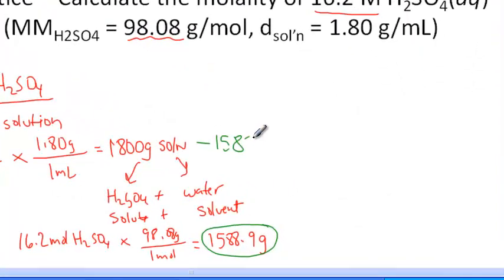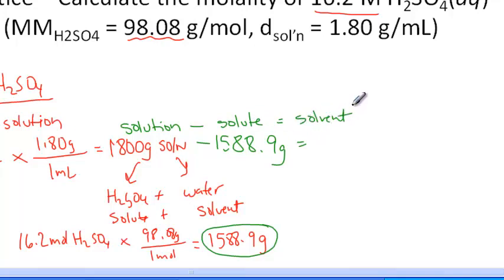The mass of the entire solution minus the mass of just the solute is going to give me the mass of the solvent, which is the water in this case. So if the whole thing weighed 1,800, I'm going to subtract the 1588.9, and it gives me 211.1 grams. That's the mass of my solvent, the water.